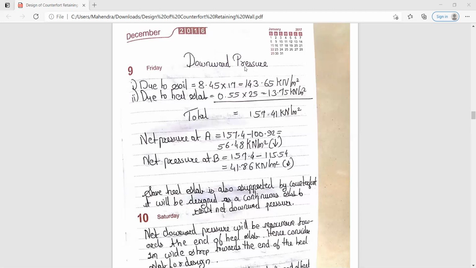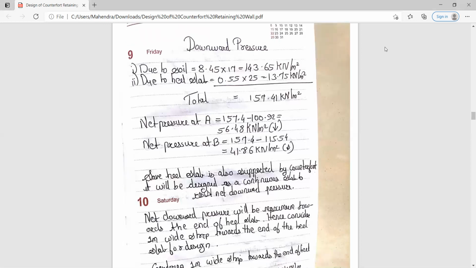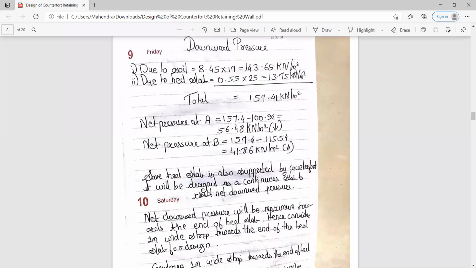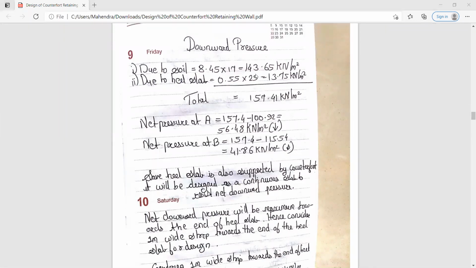Now you need to calculate net pressure at point A and net pressure at point B. So just see in your diagram how you will calculate the net pressure at point A. What is the total downward pressure? That is 157.4. So 157.4 minus 100.94, you will get the net pressure at point A, that is 56.48 kilonewton per meter square.